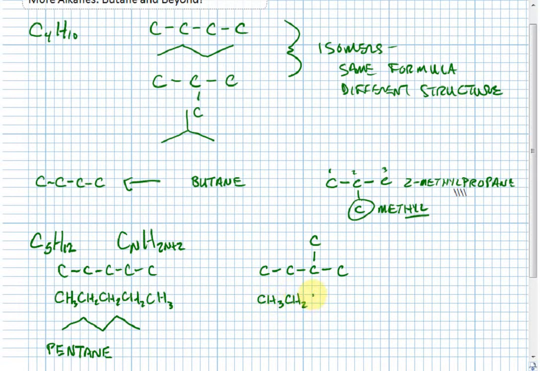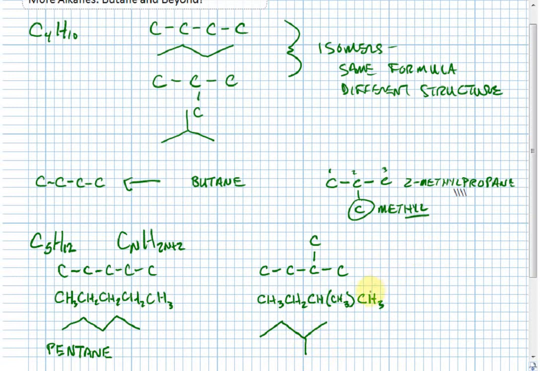This carbon has a hydrogen attached, plus it has a methyl group attached. So the CH3 in parentheses refers to the branch, followed by CH3. So there's the condensed formula for that one. The skeletal structure, longest chain is 4, 1, 2, 3, 4, and branching off of that carbon, we have a 1 carbon group.